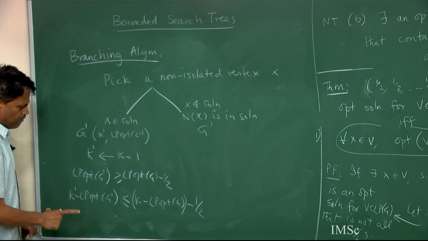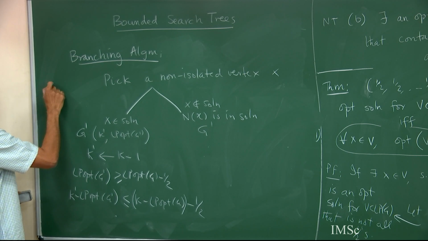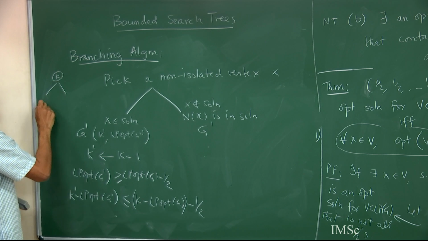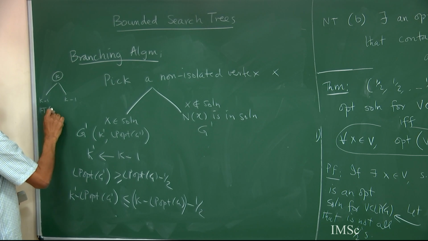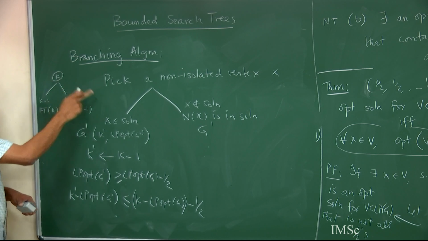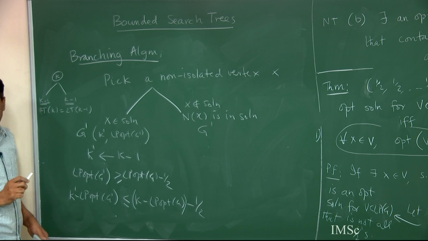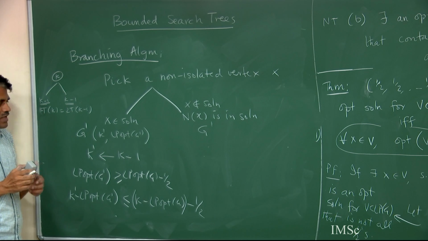Right? My measure, see, when we did the vertex cover branching, K was my measure, and in each side this was K minus 1, K minus 1, and that gave us a recurrence relation of T of K equal to 2 times T of K minus 1, and that was a 2 power K. Okay. So, in particular I care about what is the value of the measure in each of these branches.